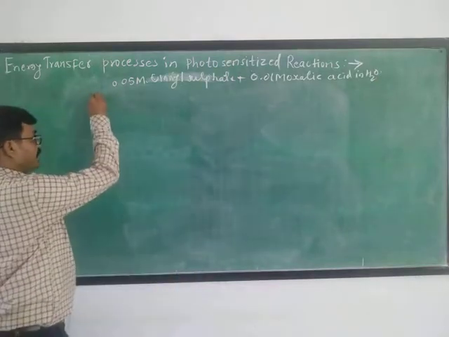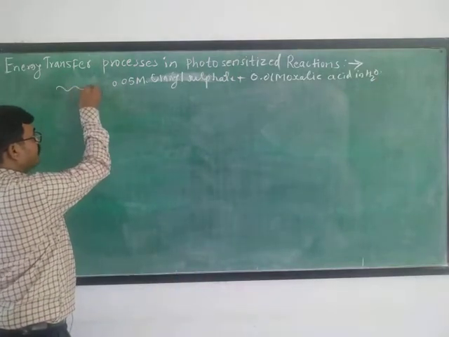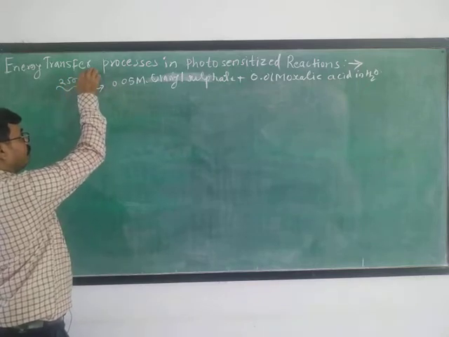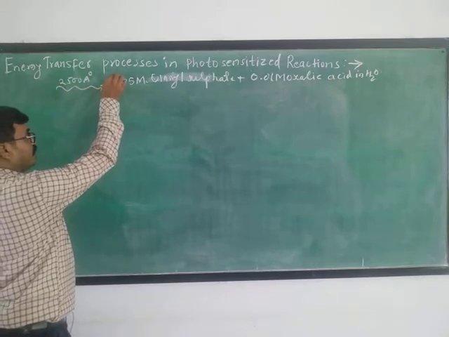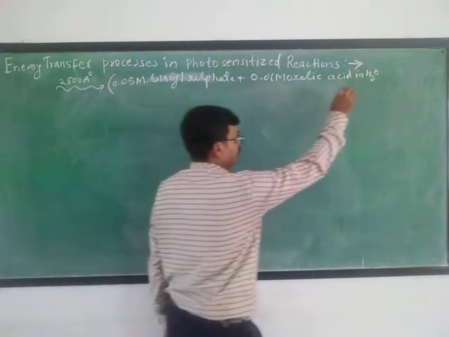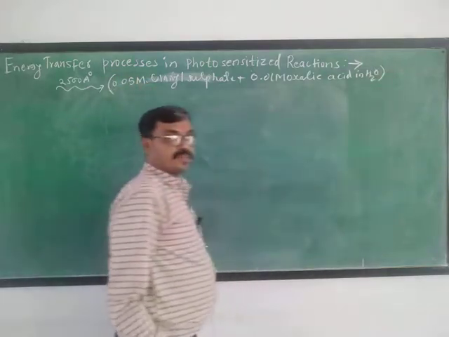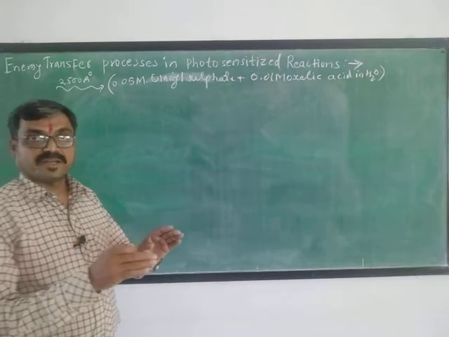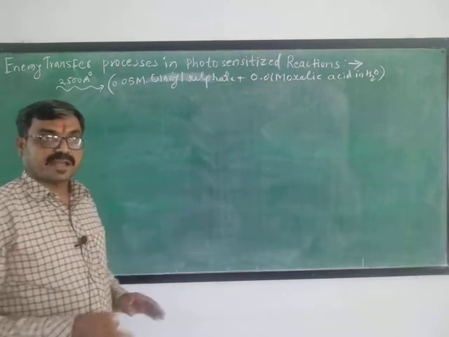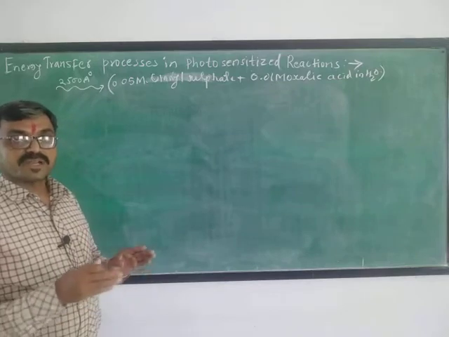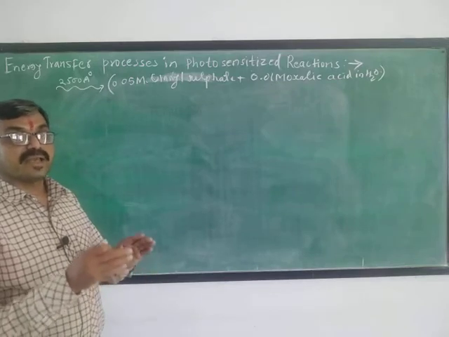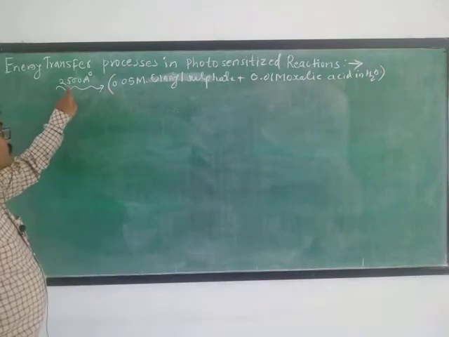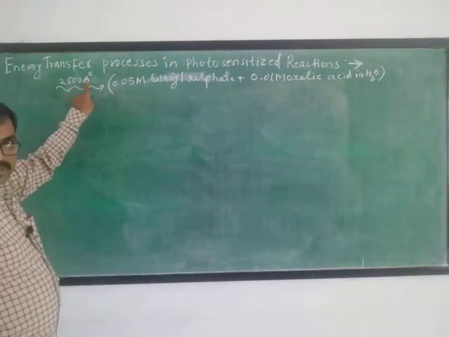When the light of 2500 angstrom is allowed to be incident on this mixture. Previously we said that in the uranyl oxalate chemical actinometer, light of 2000 angstrom to 3300 angstrom is allowed to fall, particularly 2500 angstrom.